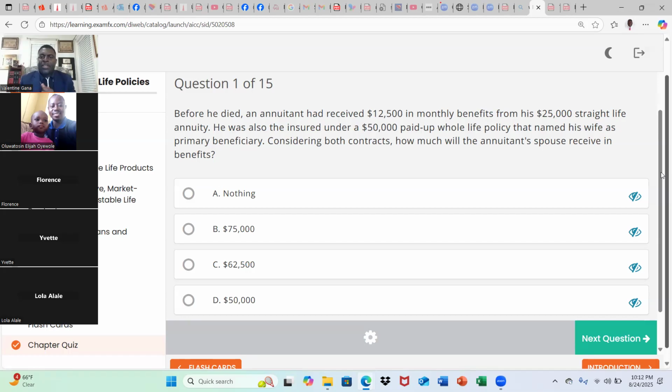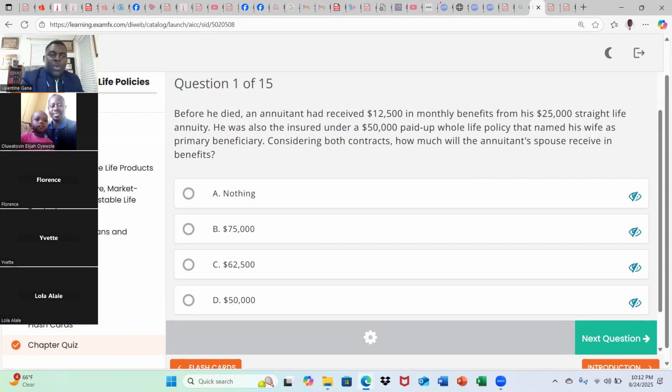Because it was a straight life annuity, after they die, the payment stops. So if he lived past a certain year, they would have paid him more than the $25,000, because they will continue to pay for the rest of your life. But he died when he had received just $12,500, so they stopped.